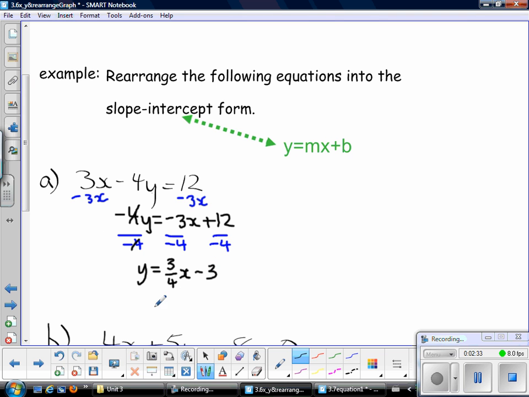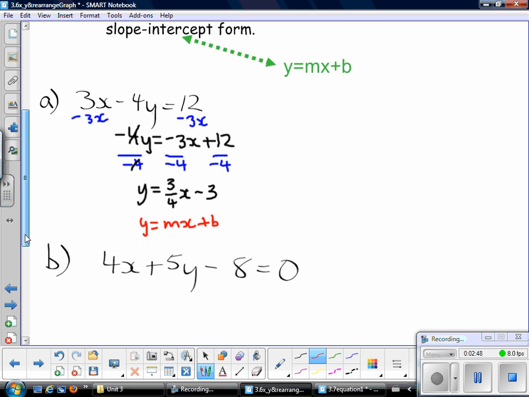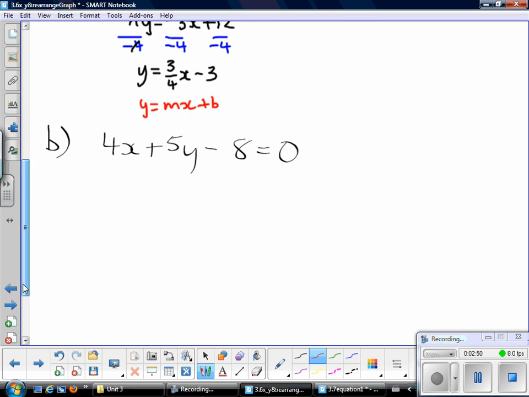Okay, so now we have it in the form that we want. We have it in y equals mx plus b, so we can see the slope and we can see the y-intercept. And we know from previous day that that's easy to graph when it's in that form. Now let's look at the next one.